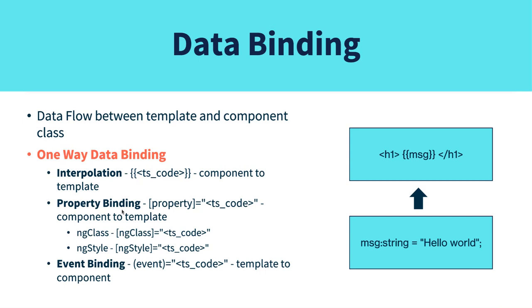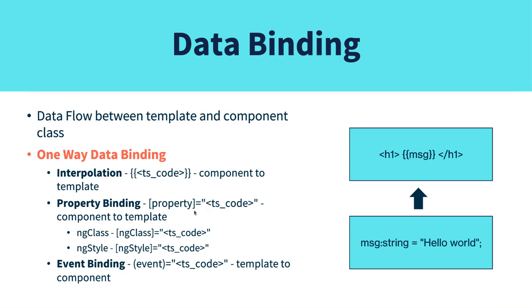Then we studied the property binding. For property binding, we use ngClass and ngStyle. Please note that for property binding, we use square brackets, and for event binding, we use parentheses. So within this square bracket, we give the ng keywords, and those ng keywords were ngClass and ngStyle.